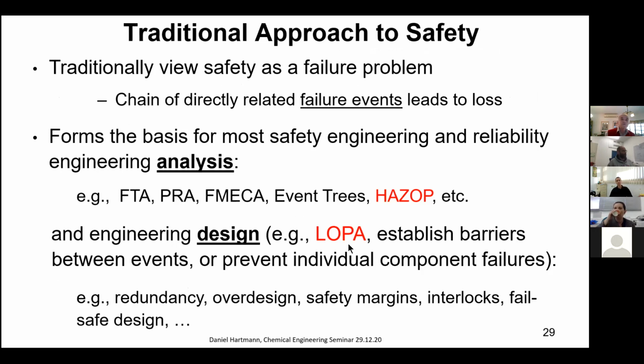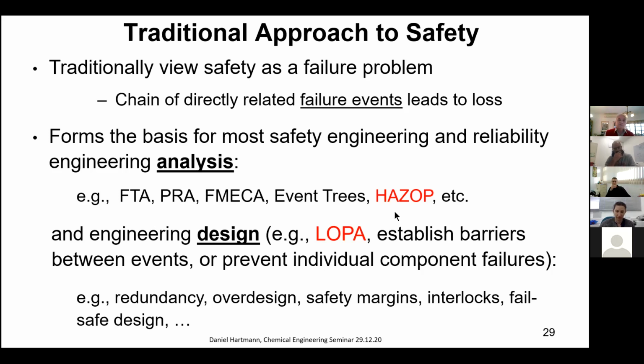So the traditional view of safety as a failure problem, or a chain of directly related failure events leading to losses, is not good. But this traditional way forms the basis for most safety engineering and reliability engineering analysis. I don't know if you have any courses teaching safety in your department, but I'm sure that if they teach safety, they teach one of these, maybe HAZOP, as engineering analysis tools.